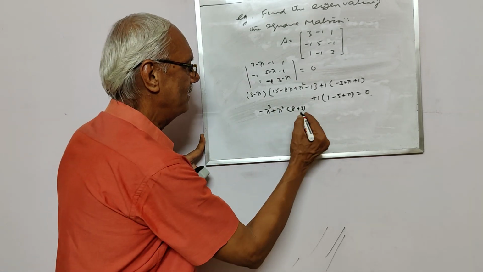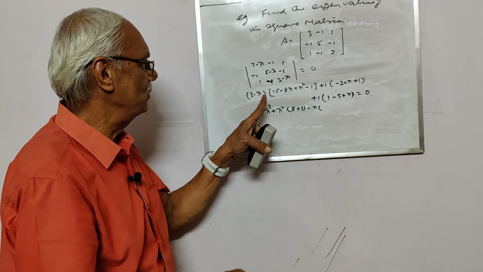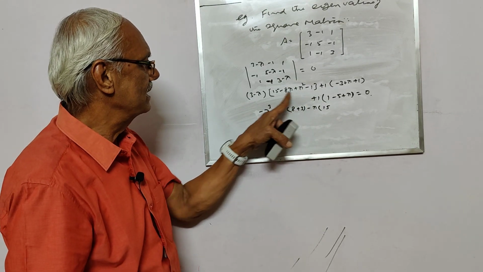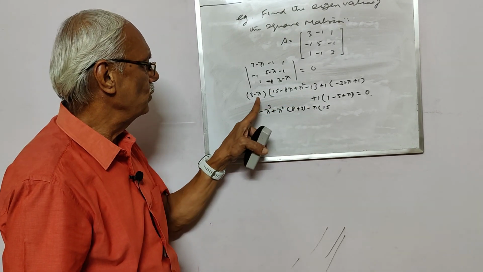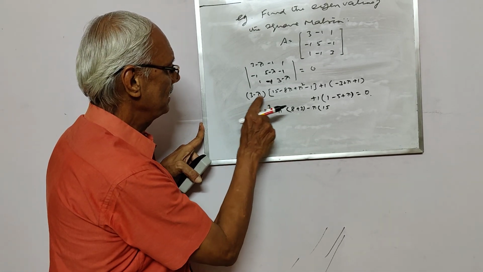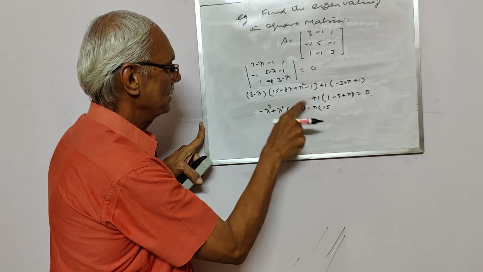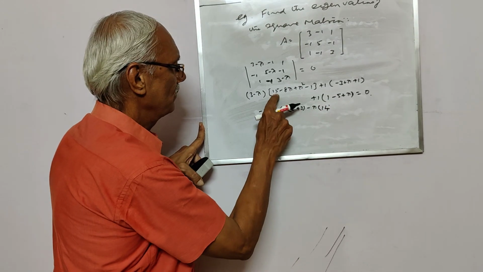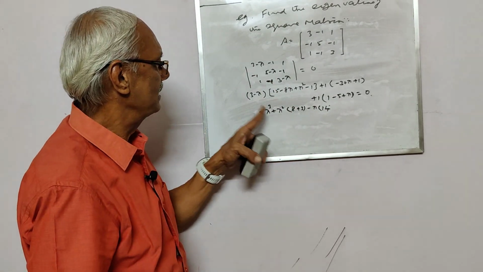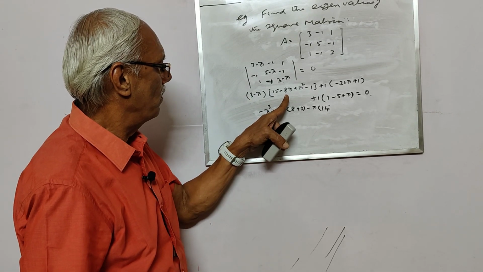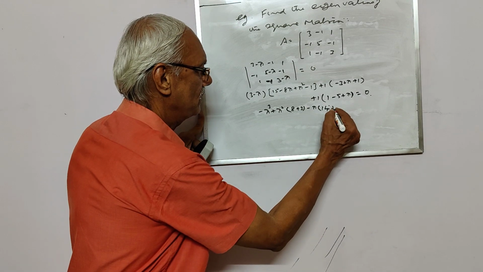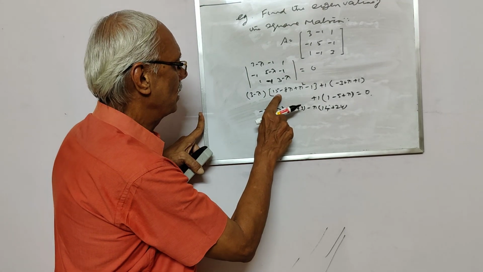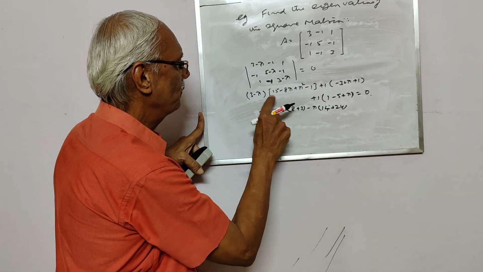Then collect the coefficient of lambda: minus lambda into 15, then 15 minus 1 is 14 lambda. Then the constants: 3 into 14 means 42.